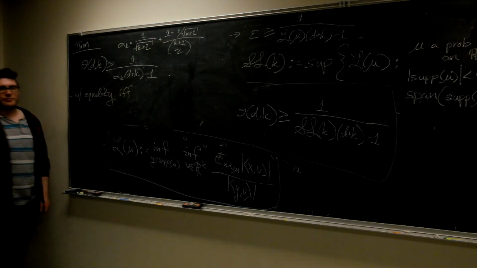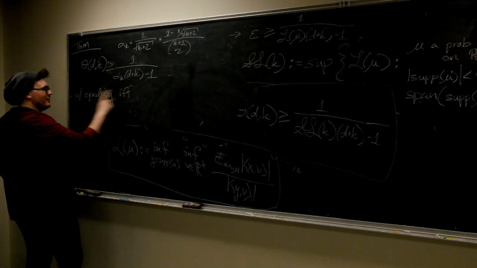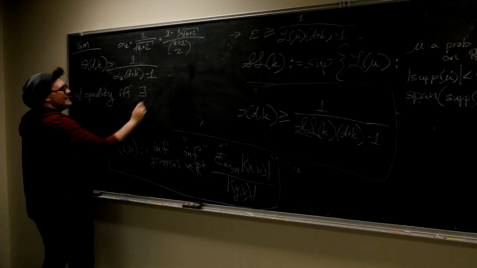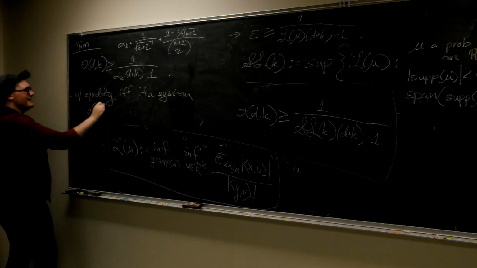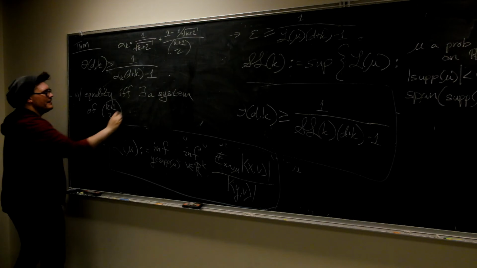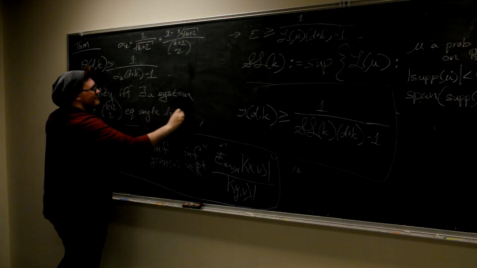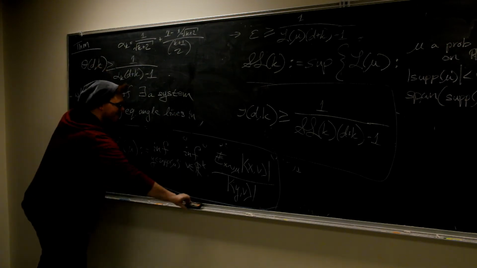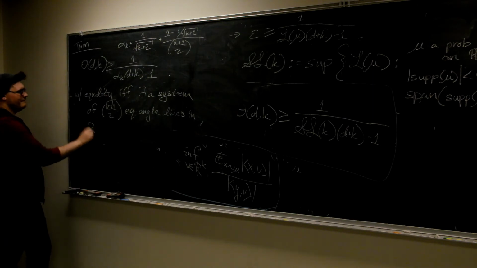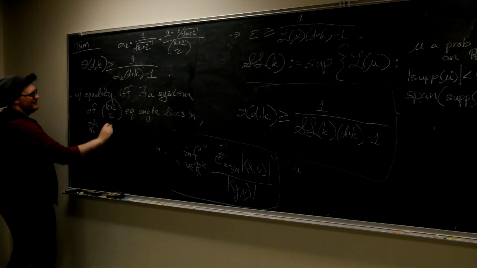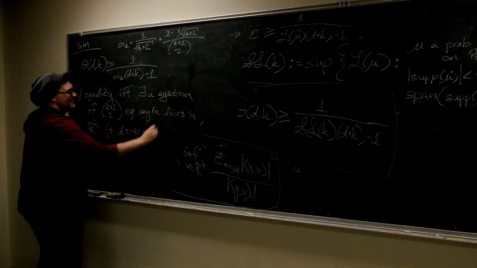I haven't proved the if part, you need a construction, but we can give a construction using these equiangular lines. So if and only if there exists a system of k plus 1 choose 2 equiangular lines in R to the k, we'll say, and d is negative k mod k plus 1 choose 2.